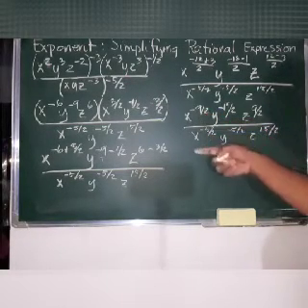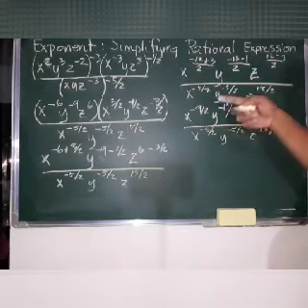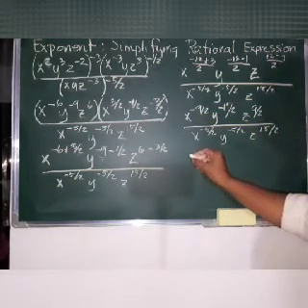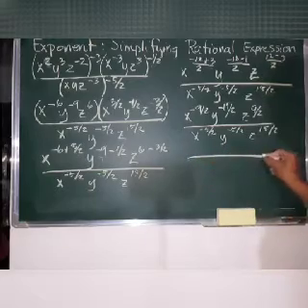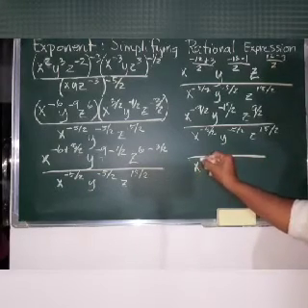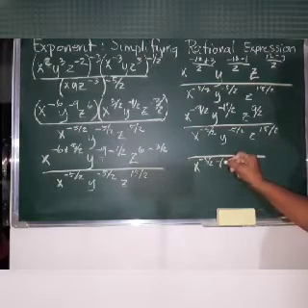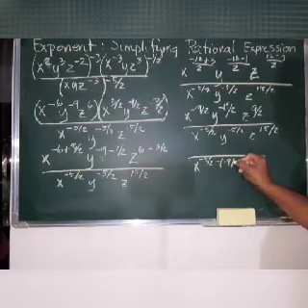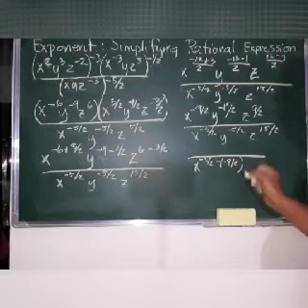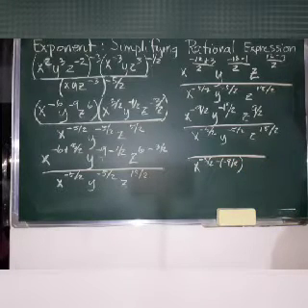So, eto na lang ililipat natin sa baba. Bakit? Kasi mas malaki ang 9 halves. So, sa baba tayo, x, negative 5 halves, minus negative 9 halves. Next, y tayo.